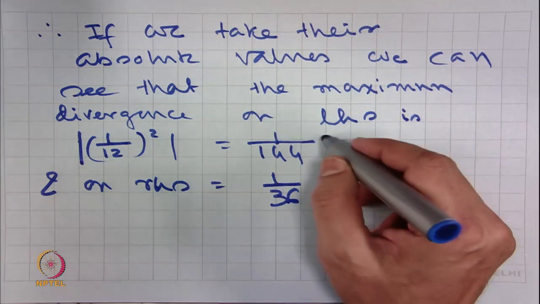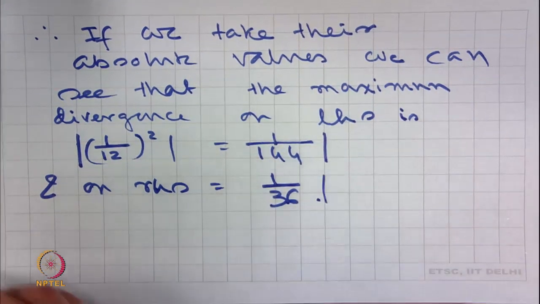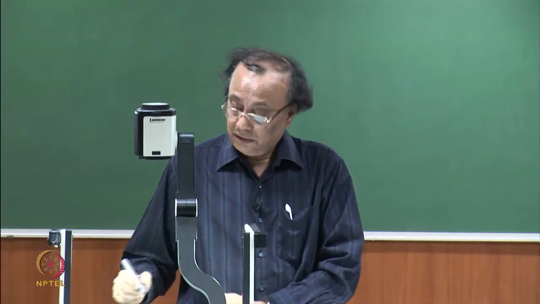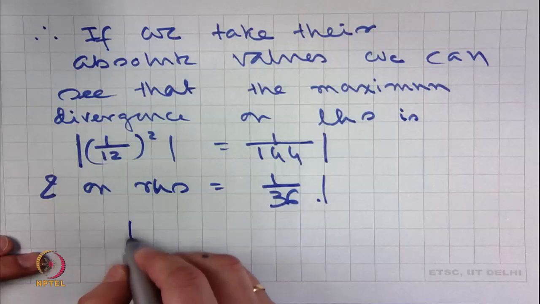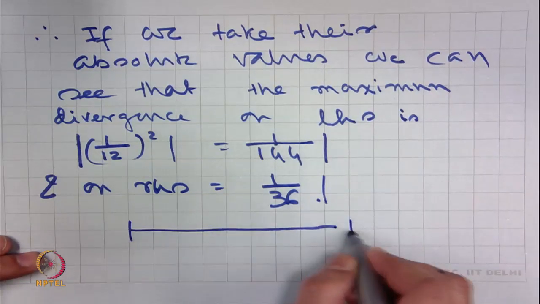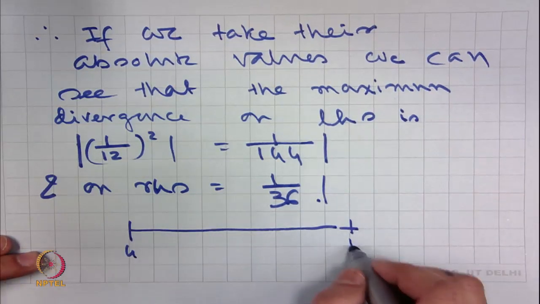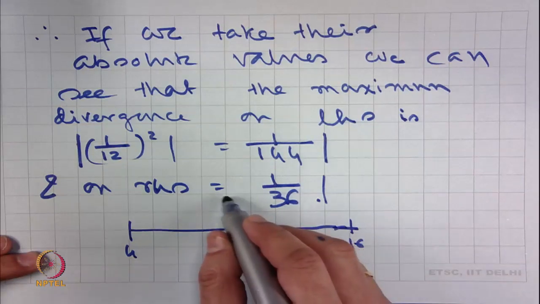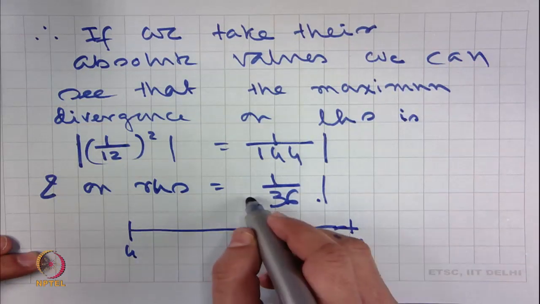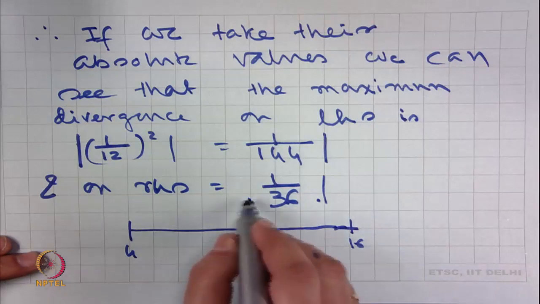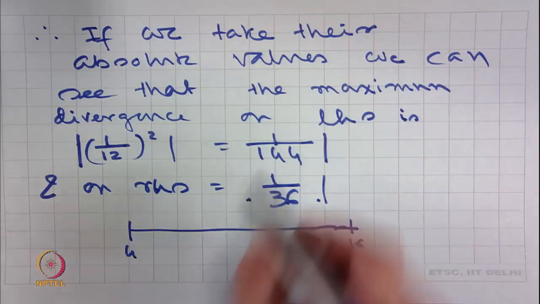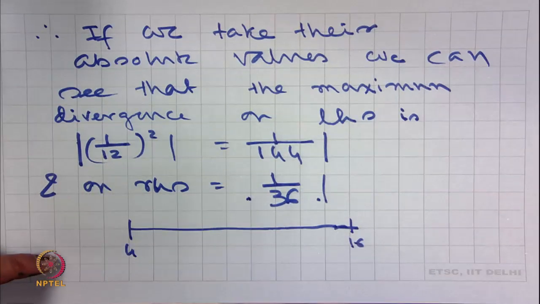As we can see, these are pretty small numbers in comparison with the overall spread of the fuzzy number, which is from 4 to 16. That was the support for the original number with the peak value at 9. In comparison, these are very small.